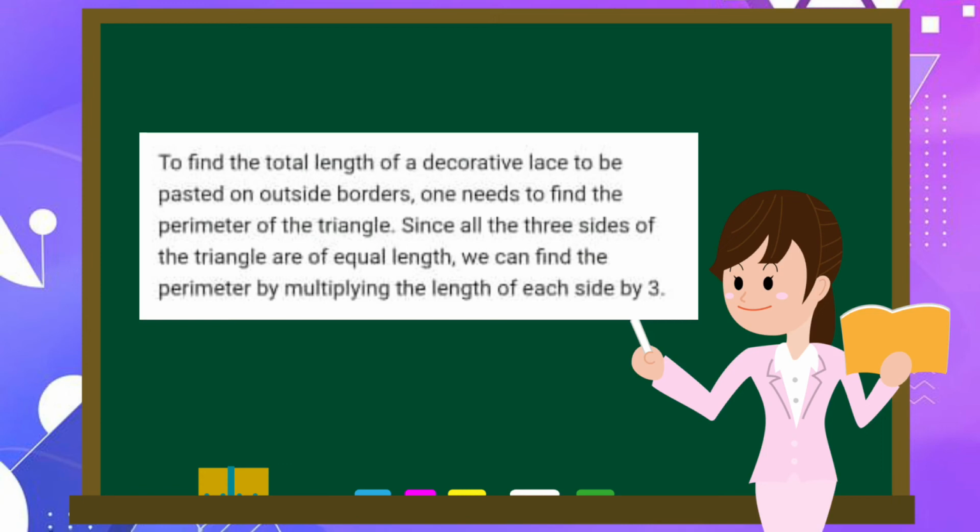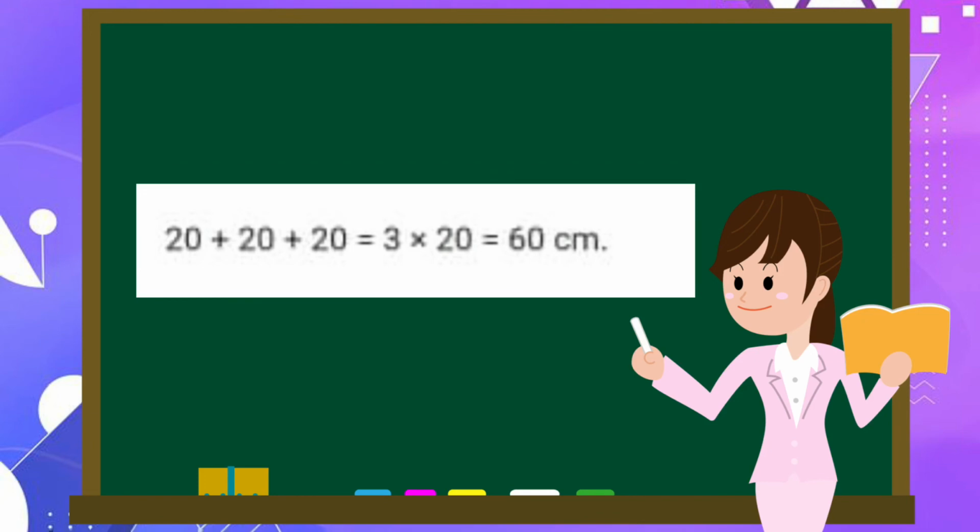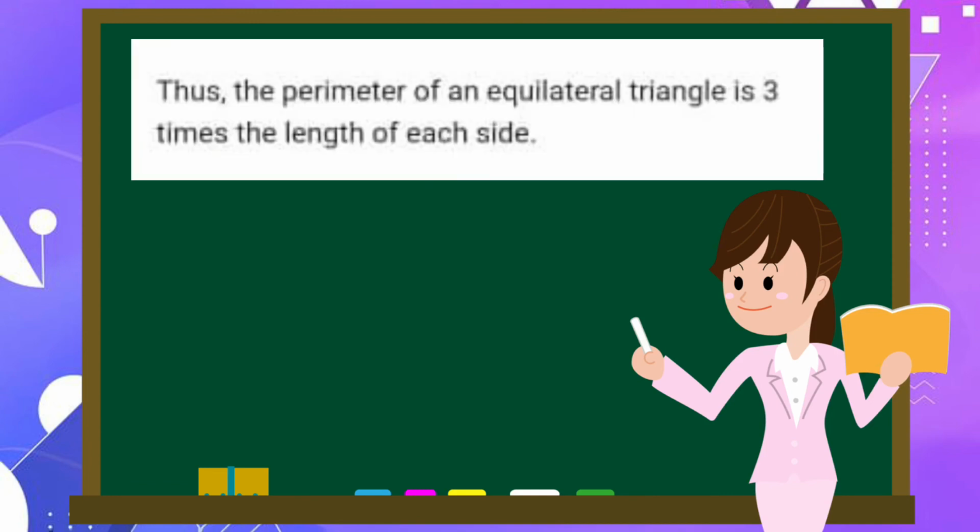Since all three sides of the triangle are of equal length, we can find the perimeter by multiplying the length of each side by 3. So 20 plus 20 plus 20, or 3 times 20, equals 60 cm. Thus, the perimeter of an equilateral triangle is 3 times the length of each side.